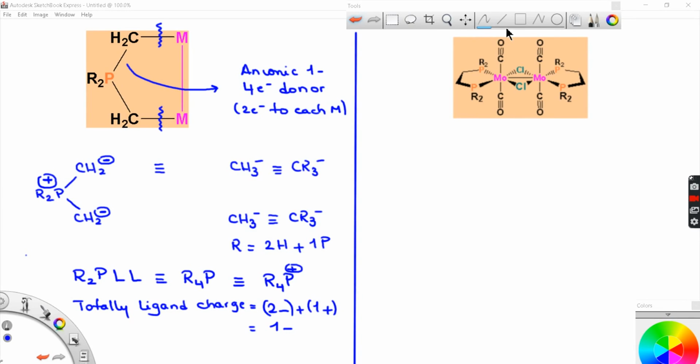Example, we construct the table: ligand, charge, and donation. From this side, this is a diphosphine.